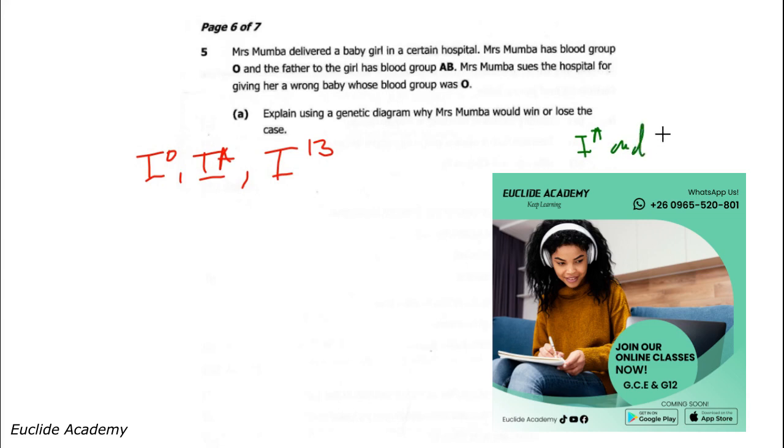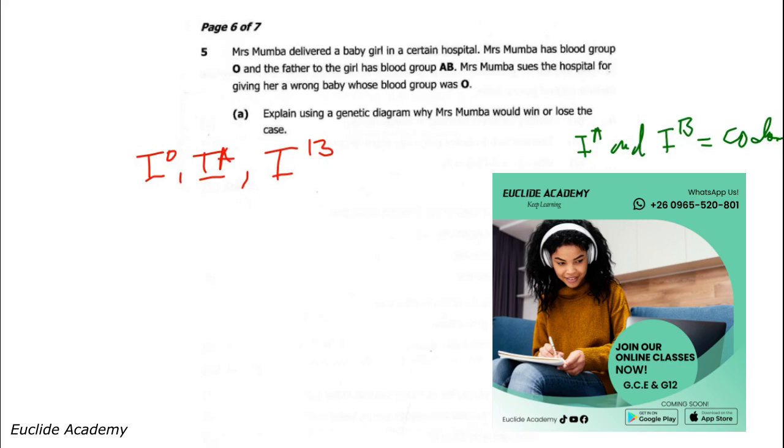So these alleles, A and B, I'm just going to put it right here, the A and the B, these are co-dominant. We explained in class what co-dominant means. So these are co-dominant, they both show.